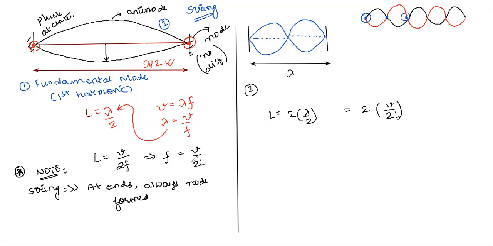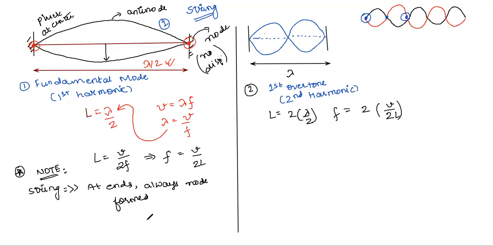Now class, try visualizing these two expressions. First time the frequency was this f, which you call fundamental or first harmonic. This is the second harmonic. So this second one is called second harmonic, or it's also called first overtone. Now I'm telling you a very important point. Listen to it carefully.